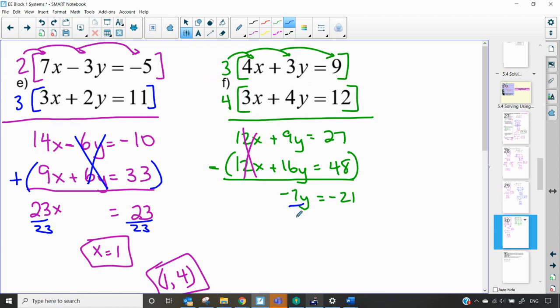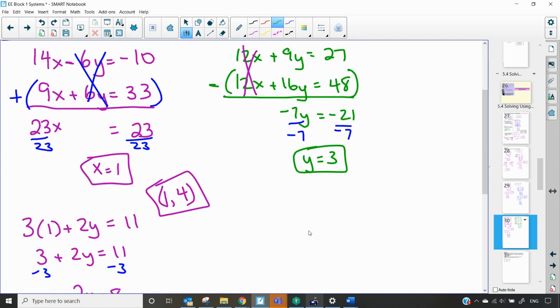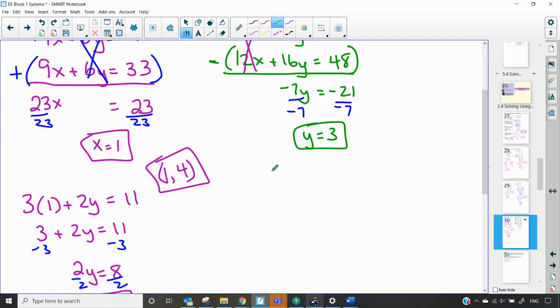I'm going to divide by negative 7, and I have y equals 3. Again, once I have that, I'm going to sub into either equation. I chose to sub into the second one. So we're going to have 3 times x plus 4 times y, which is 3, equals 12. So 3x plus 12 equals 12.